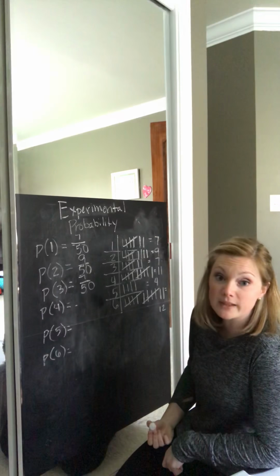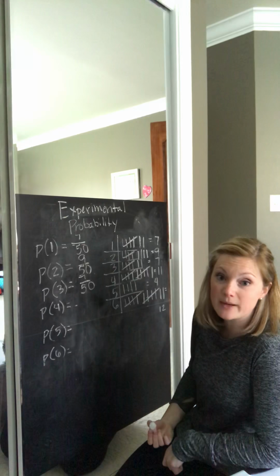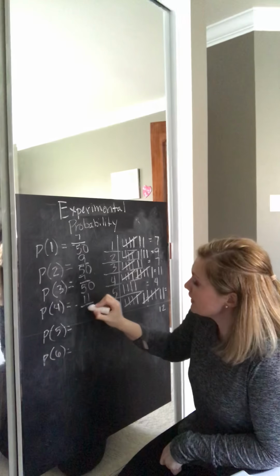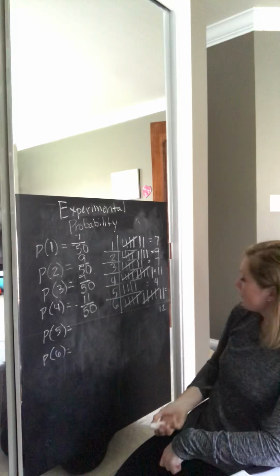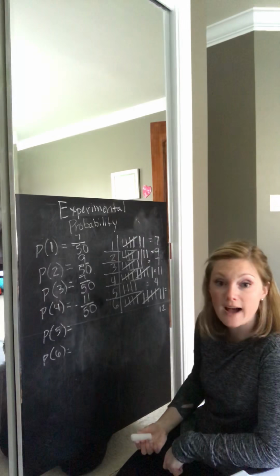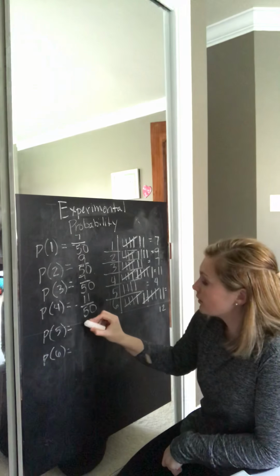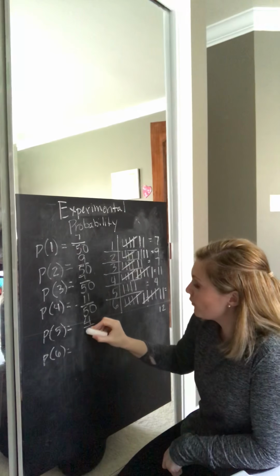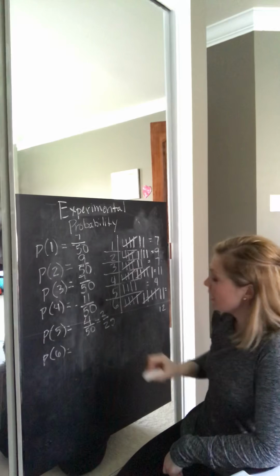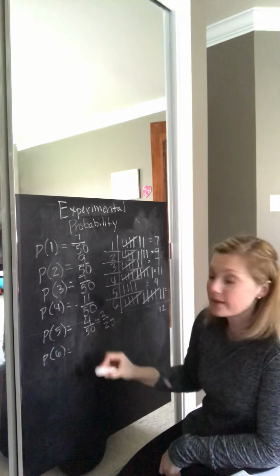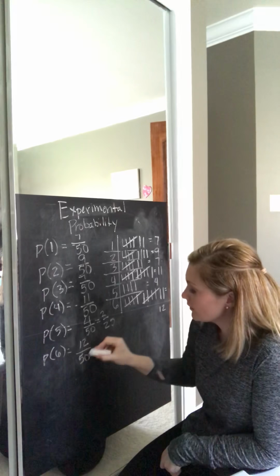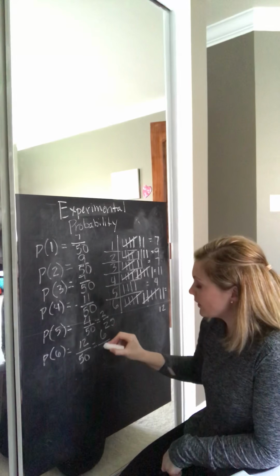How about probability of rolling a 4 for my experiment? 11 out of 50. My probability of rolling a 5 would be a 4 out of 50, and I can simplify that to 2/25. And lastly, probability of 6 is 12/50, or I can simplify that to 6/25.